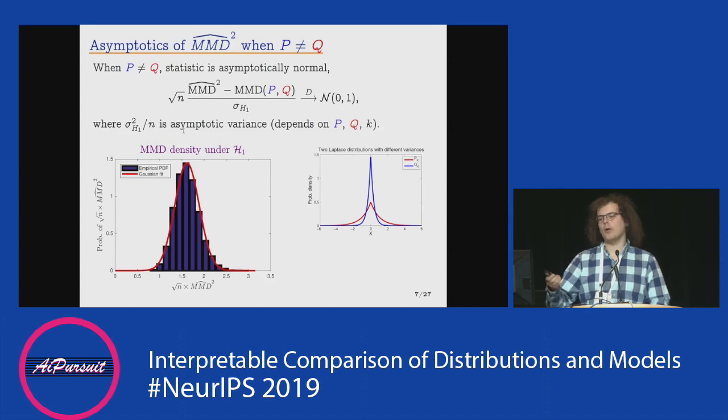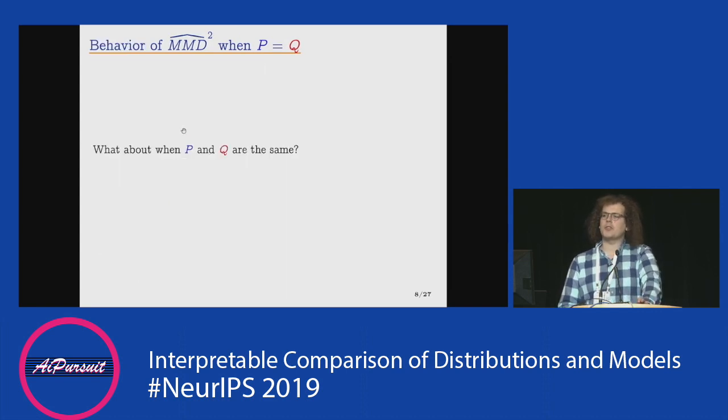Sigma squared is a constant that doesn't depend on n. It does depend on p and q and what kernel you choose. But the variance decays asymptotically like 1 over n. So that's the shape of what it does in this case when the two distributions are different. But when the two distributions are the same, actually the asymptotics are a little different.